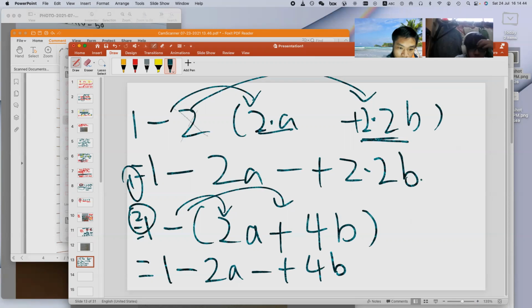Which one you prefer? 1 and 2. Simplify first. Yes, because when you simplify to 4, you don't have to keep writing the 2 times 2, you know. So of course, if you can simplify first.